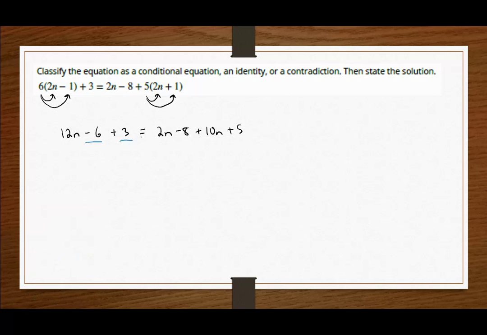So for our like terms here, you can see that we have constants and variables on the right-hand side that are like terms. We end up on the left here with 12n minus 3. Looking at my variables on the right-hand side, we get 2n plus 10n is another 12n. Negative 8 plus 5 is negative 3.